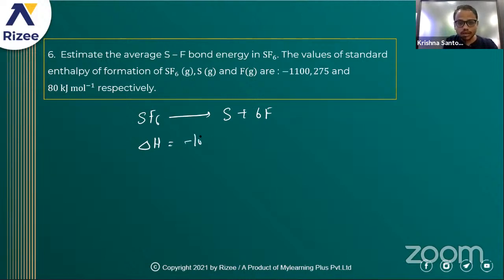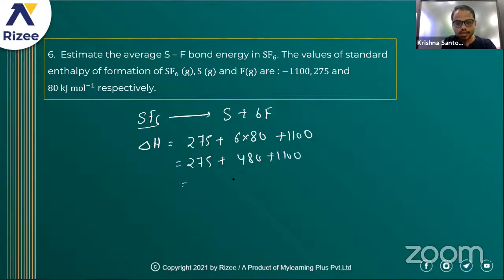The product is minus 1100. Sulfur is 275, so 275 plus fluorine is 80, so 6 into 80, minus SF6. So minus of minus is plus, so plus 1100. So I will write 275 plus 480 plus 1100.